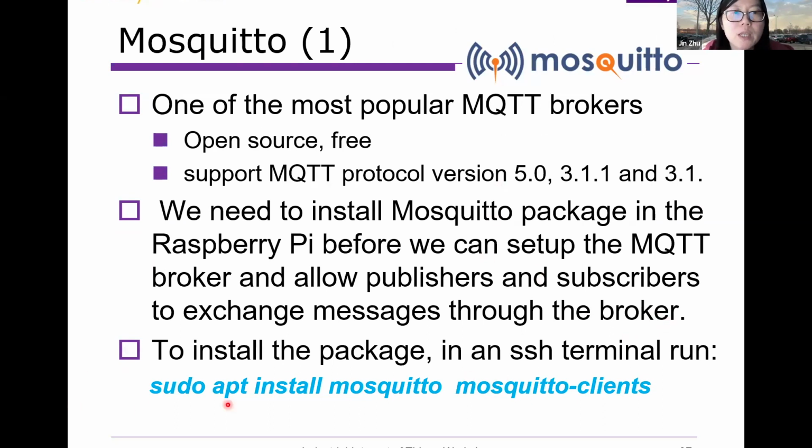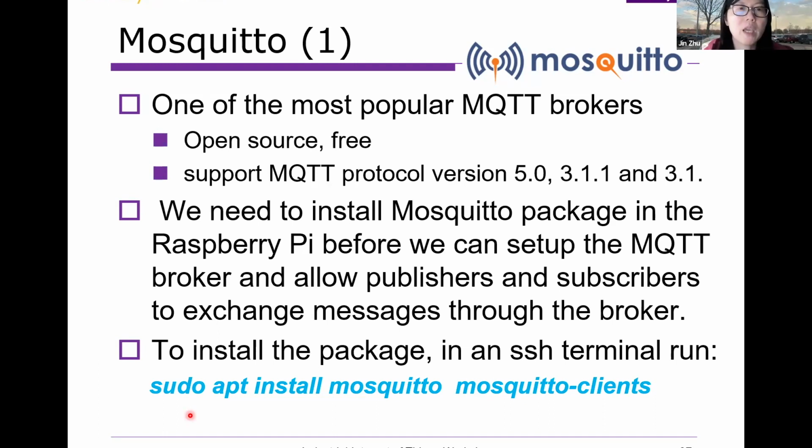It supports different versions. You need to install this package once you open the SSH terminal and run this. Sudo stands for super user do. You log into the Raspberry Pi terminal with your own normal user account, but when you install software, you need the root user.